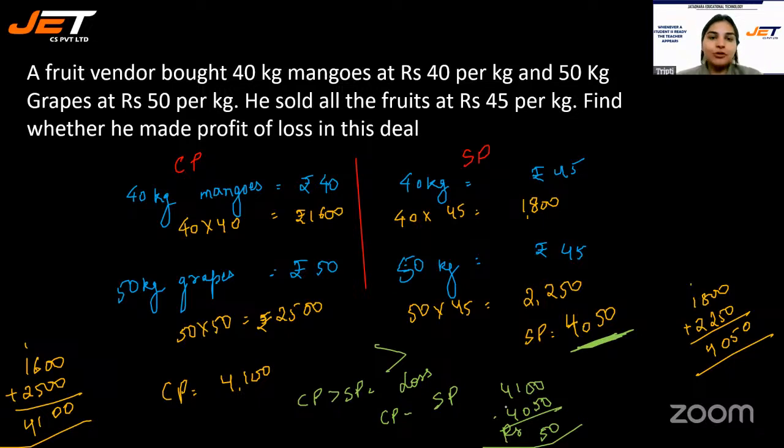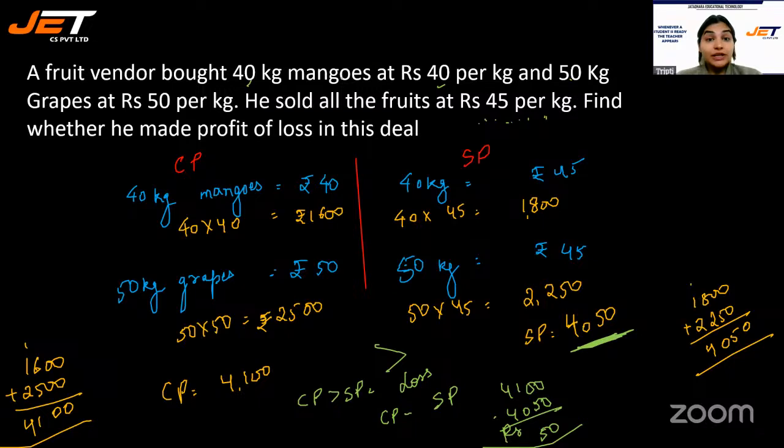So that's how you have to do it. It was looking like 40 kgs at 40 rupees per kg, 50 kgs at 50 rupees per kg, and he sold all the fruits at 45 rupees per kg.